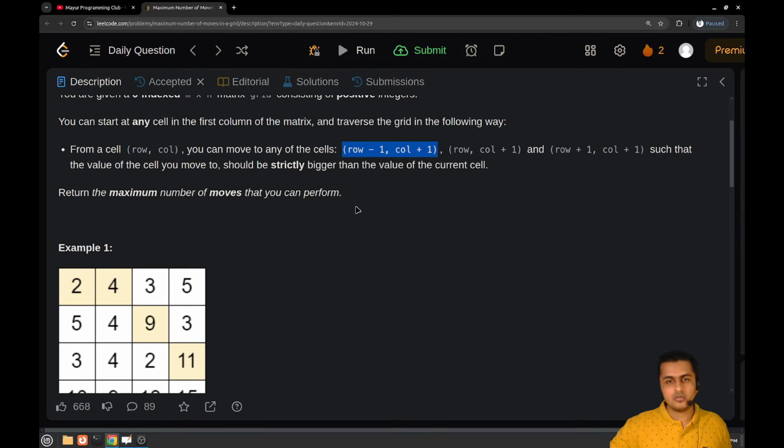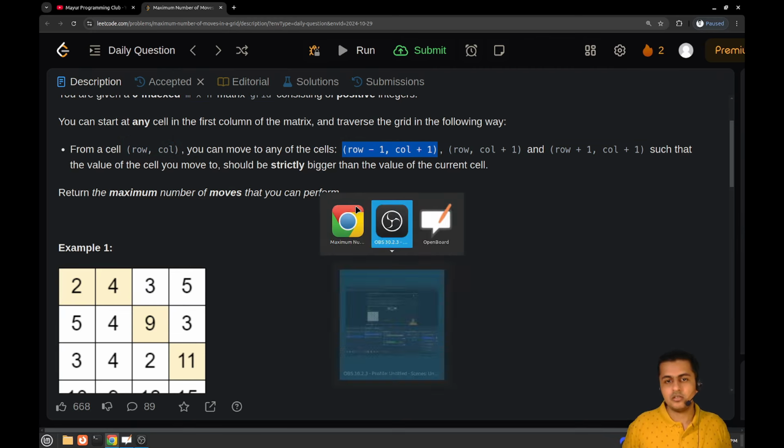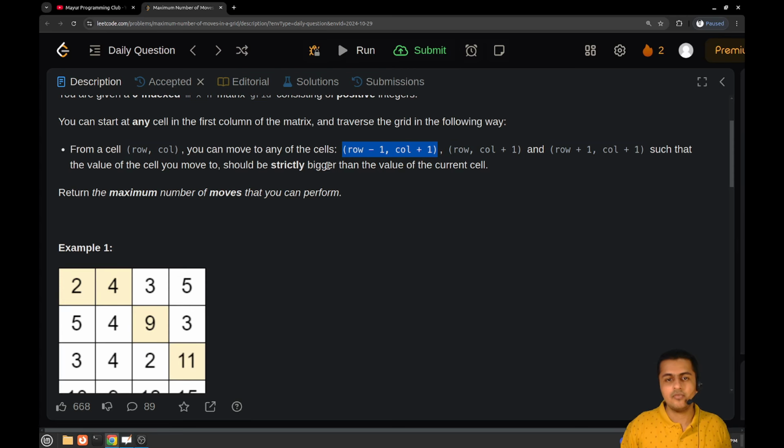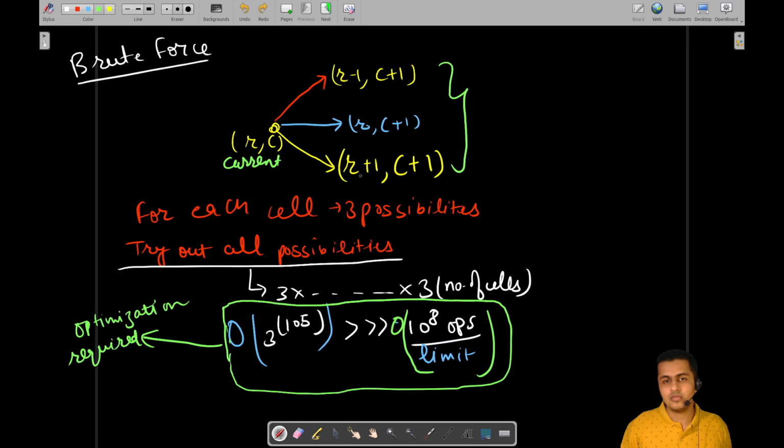So if you are considering this as your current cell, you can move to either of these cells: diagonally up, diagonally down, or towards the right. Any of these three directions you can move from the current cell.